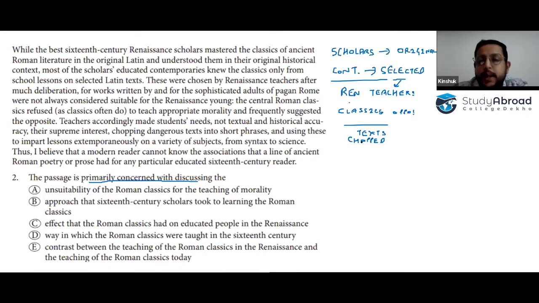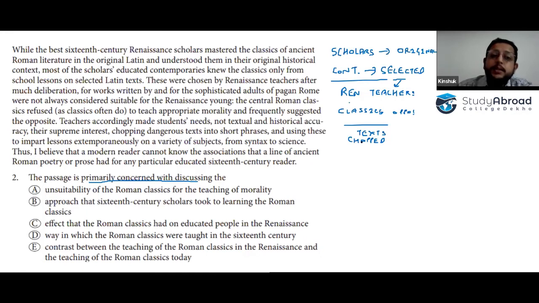So see, basically the idea is you pick some point from the sentence, whichever seems likely to you, right? The idea behind is just to stay connected so that later on you can connect the dots. These are basically dots. All right. So let's continue. The final sentence, the author says, thus, I believe that a modern reader cannot know the associations that a line of ancient Roman poetry or prose had for any particular educated 16th century reader.